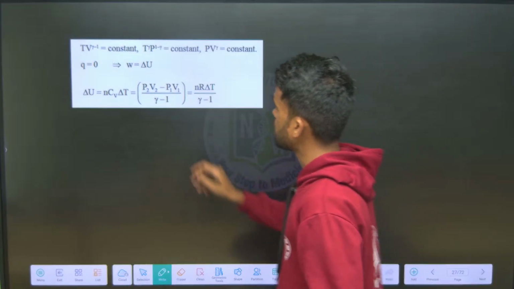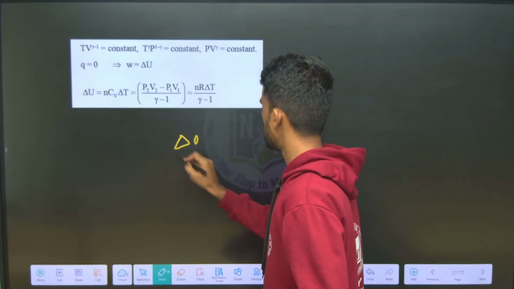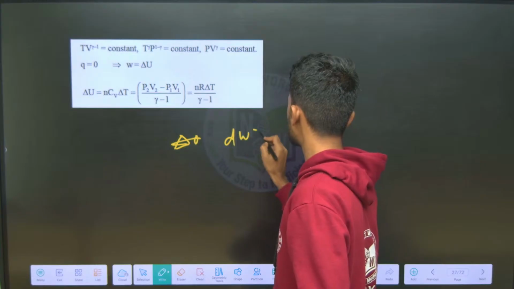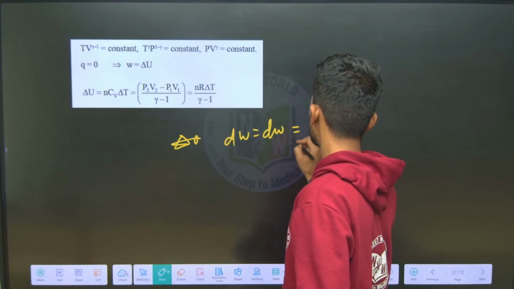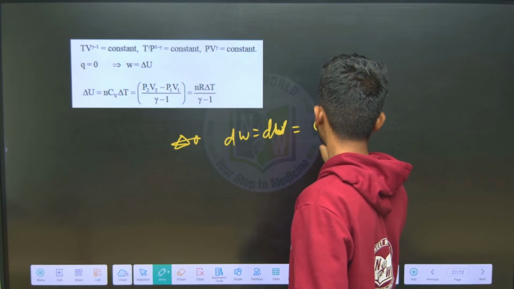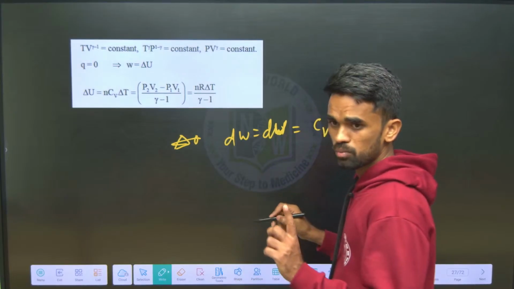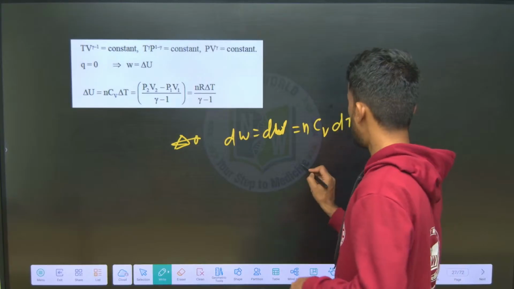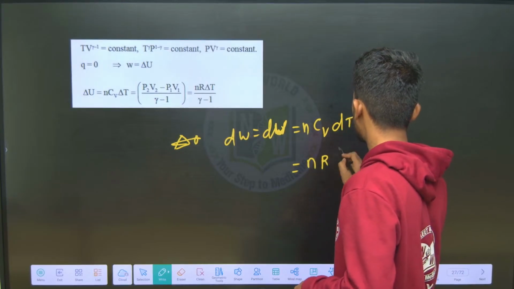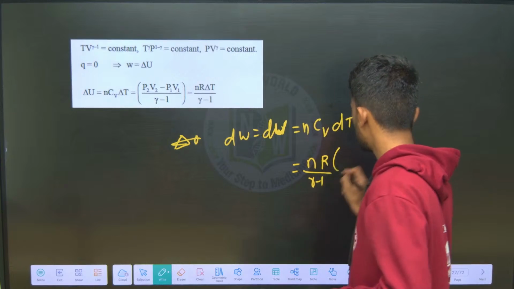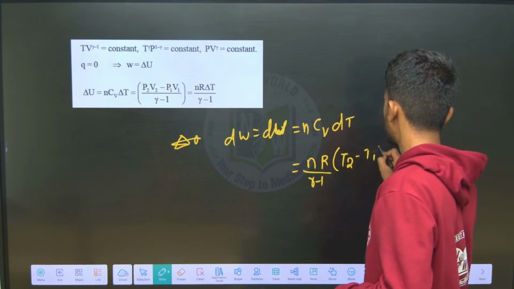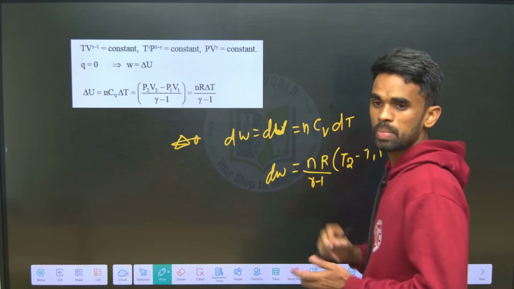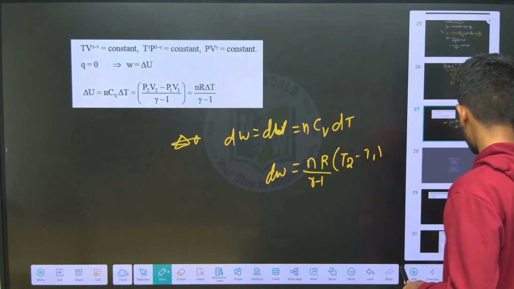For 1 mole, dW equals dU equals Cv dT. If it is n moles, nCv dT, or you can say nR by gamma minus 1 into T2 minus T1. This is dW.